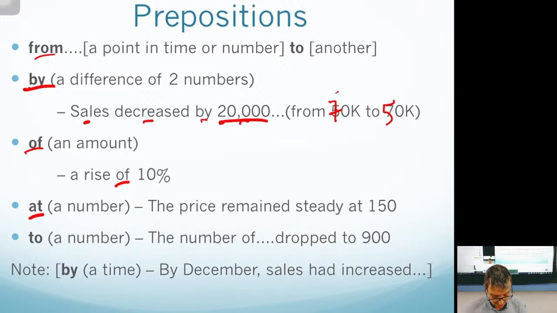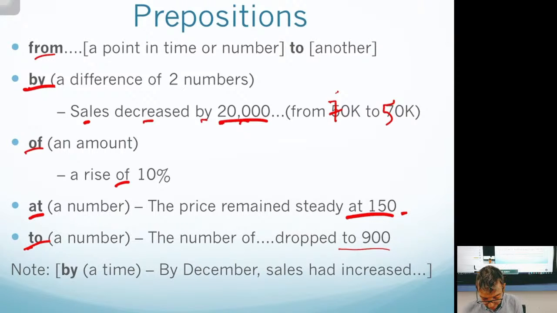At a number. So an example would be the price remains steady at 150. And then whatever units that is, that could be baht or pounds or whatever, dollars. And then to a number. So the number of whatever dropped to. So that's going from some other number to this particular value, or the current value. Current number.